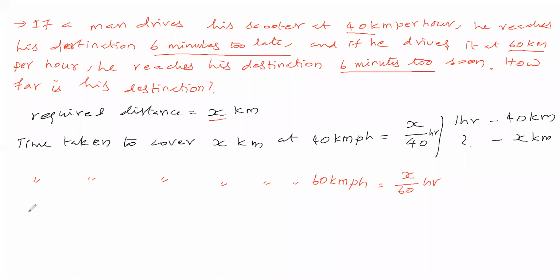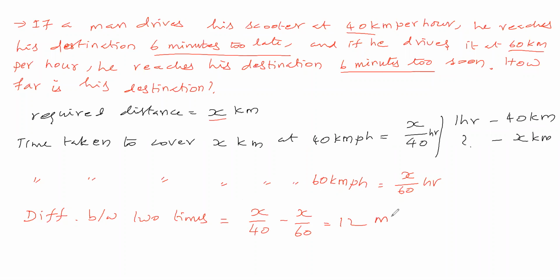So x by 40 minus x by 60 is equal to, here too late 6 minutes, too soon 6 minutes. Therefore, difference is 12.